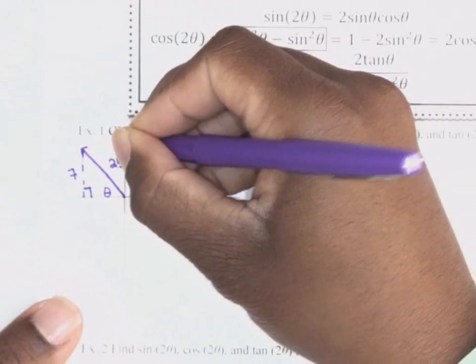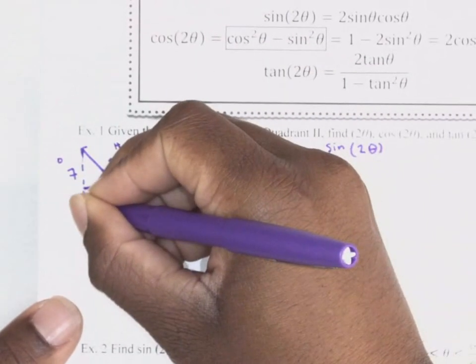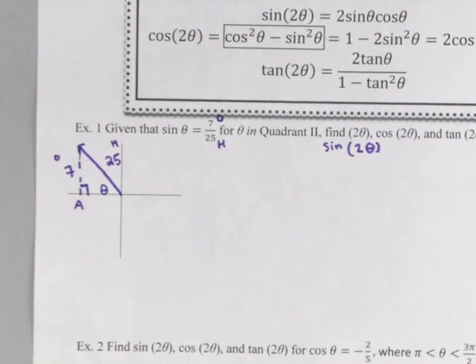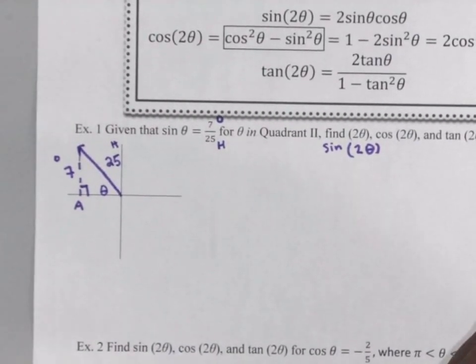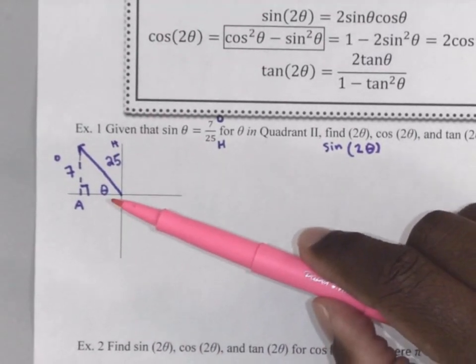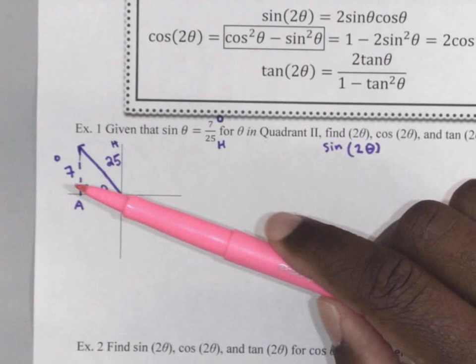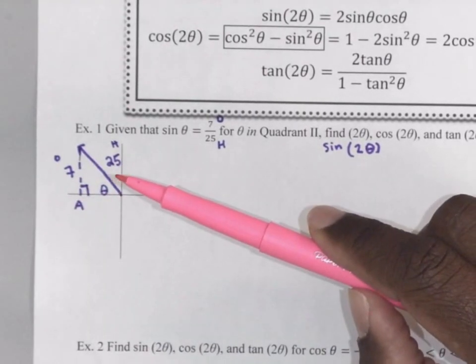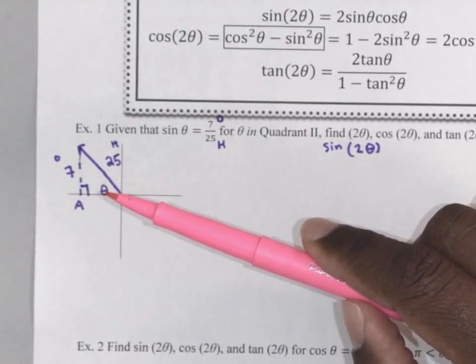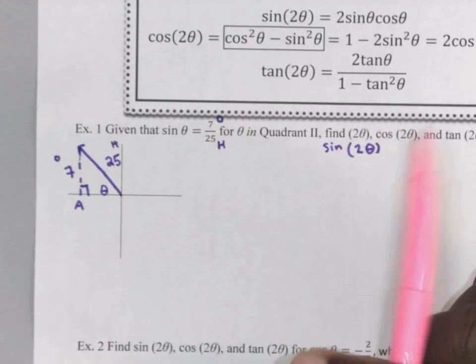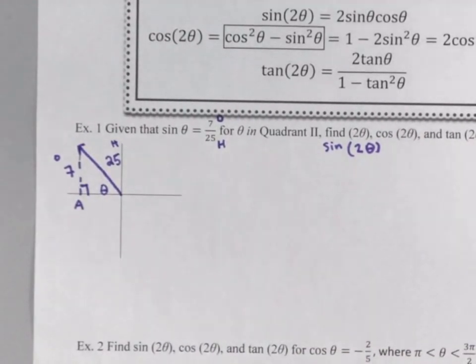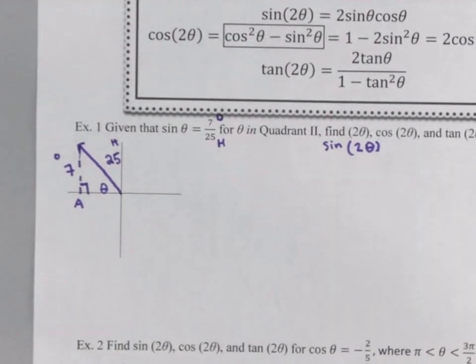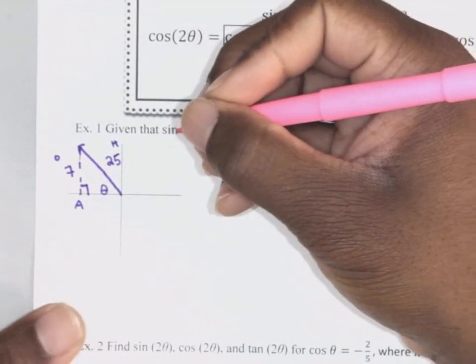So we got H, we got O, we need to find A. Any ideas how we'll find A, the adjacent side? Pythagorean theorem. I'll tell you, this is a Pythagorean triple, meaning this is a whole number. It's a 7 something 25 right triangle. 6? Not 6. We'll do Pythagorean's theorem, but going forward, maybe you'll throw this in the memory bank and you won't have to do Pythagorean's theorem next time. Just be able to do it.